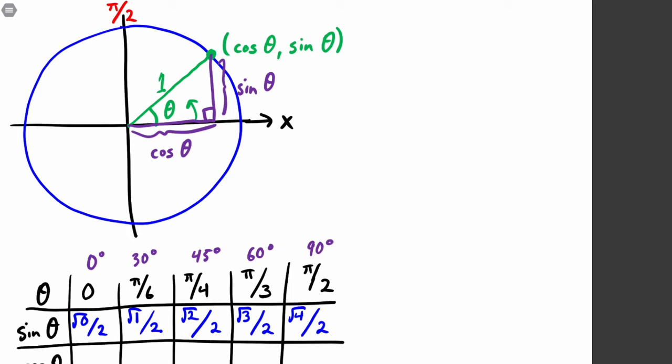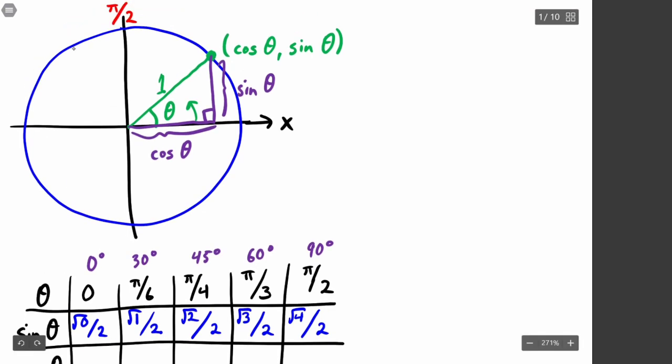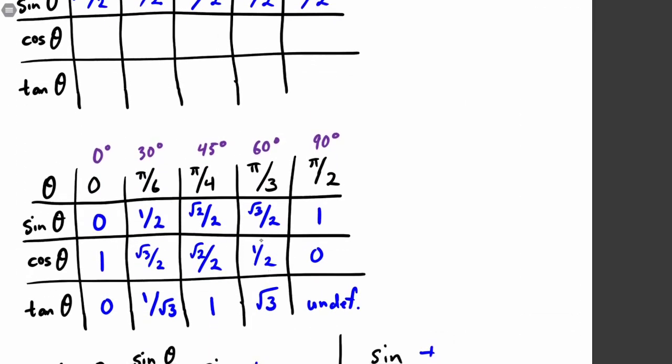On the other hand, if we took cosine of 120 degrees, we would still be looking at cosine of 60 degrees, except now we know cosine has to be negative, so it would be negative 1/2. We just use this value right here, but remember cosine is negative.